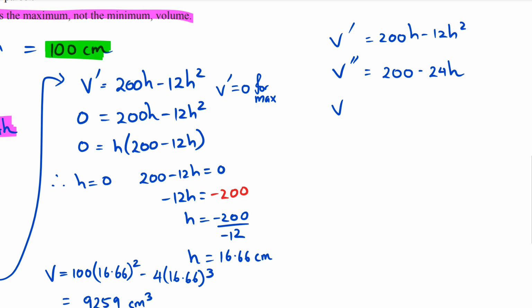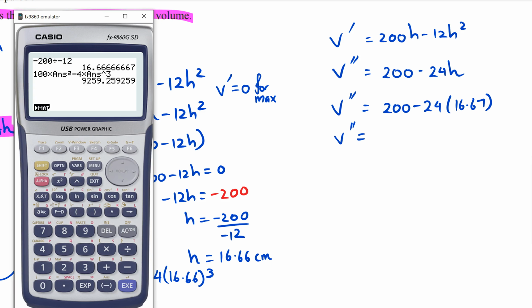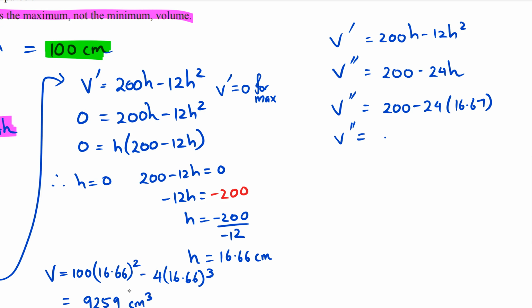And at this point, we're going to substitute h as 16.667 and find out what v double dash is. Now, if v double dash is negative, then the point is a maximum. So we can go 200 minus 24 times 16.667. And as you can see, we're getting a negative value, negative 200 point whatever.